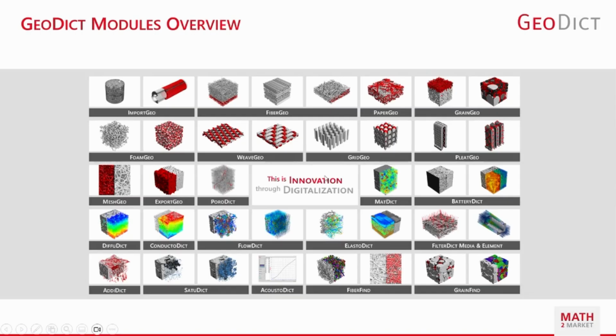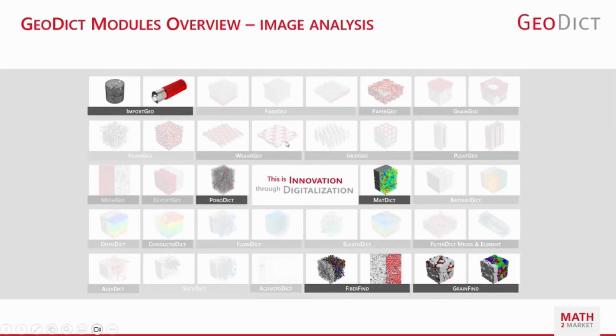So GeoDict is a modular software. There are many different modules for different types of simulations. The ones I've shown are only selected ones. There are many more capabilities. The ones that you need for image analysis, typically analyzing images from CT equipment without any simulation necessarily, are the import module, PoroDict for porosity analysis, MapDict for material statistics and wall thickness analysis and related topics, FiberFind for fibrous materials to analyze, for example, the angles of fibers, and GrainFind similarly for granular materials.